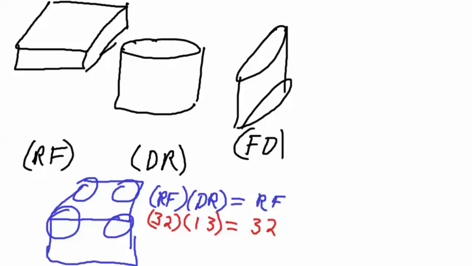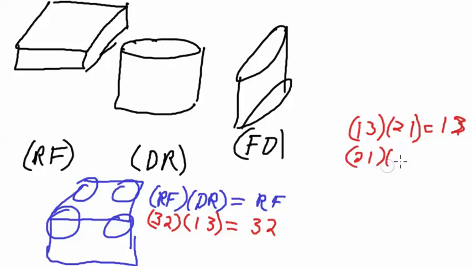So if that pattern holds, then the 1, 3 times 2, 1 would give us a 1, 2, and the 3, 2, 1, 2, 1 times 3, 2 would give us a 2, 1.